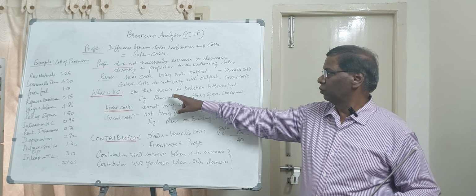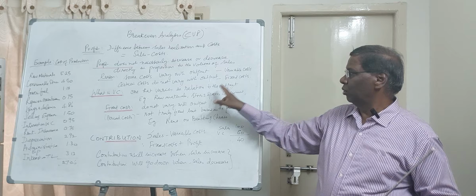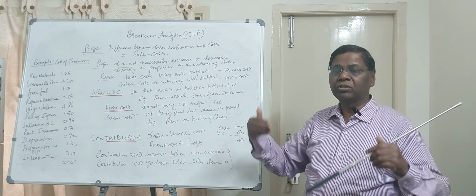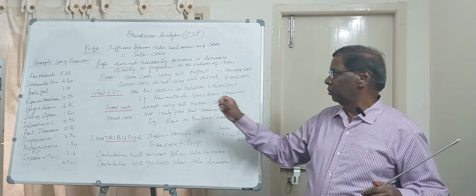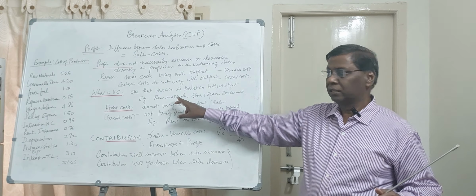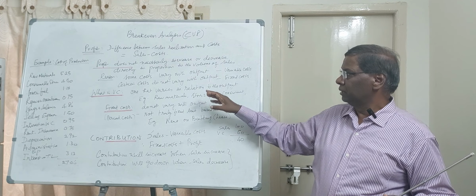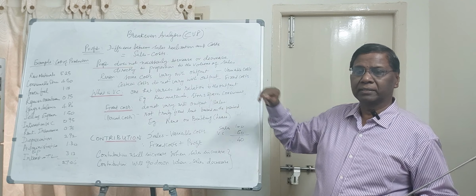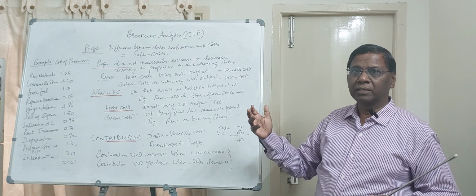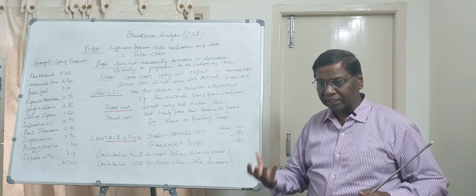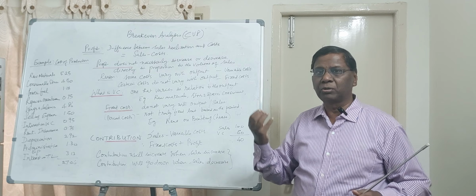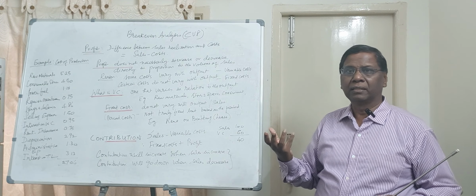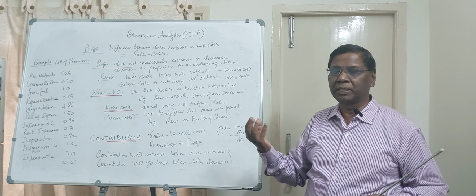What is variable cost then? Variable cost is one that varies in relation to the output, or sales. Suppose you are a retailer, then the sales. For example, raw materials, stores and spares consumed. These are directly related to the product. If you want to increase the product, you have to increase this cost. Suppose you are making a jute bag and want to make 10,000.